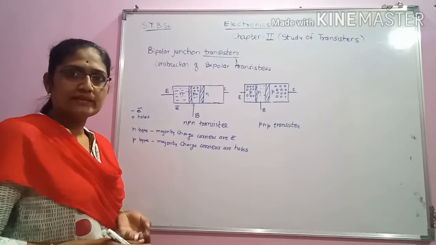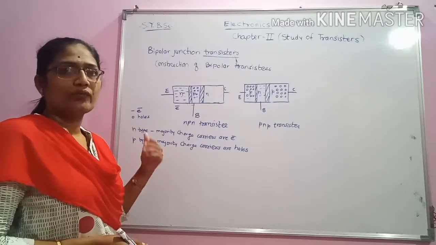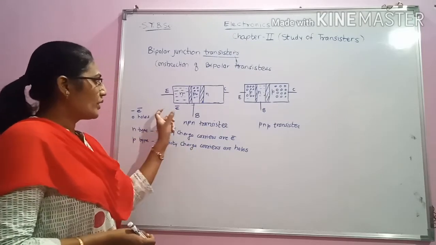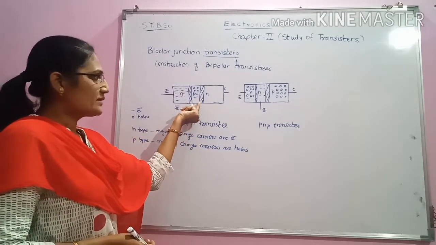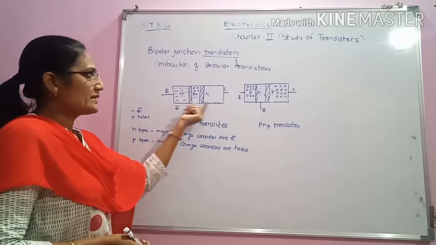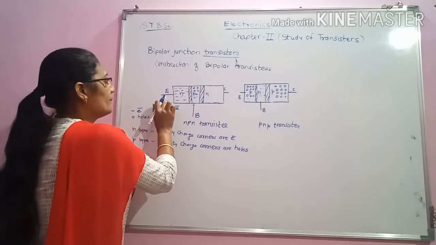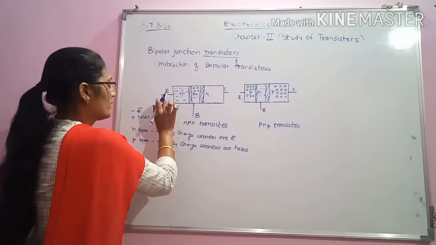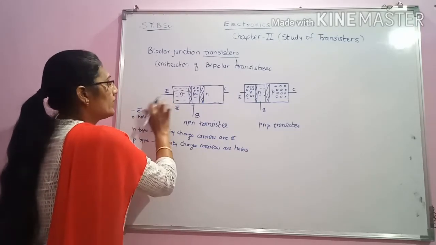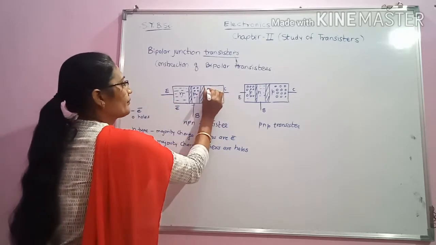So one can easily identify whether it is a base, an emitter, or a collector, because the base is situated at the center. Then one by one we will see the workings of emitter, base and collector.